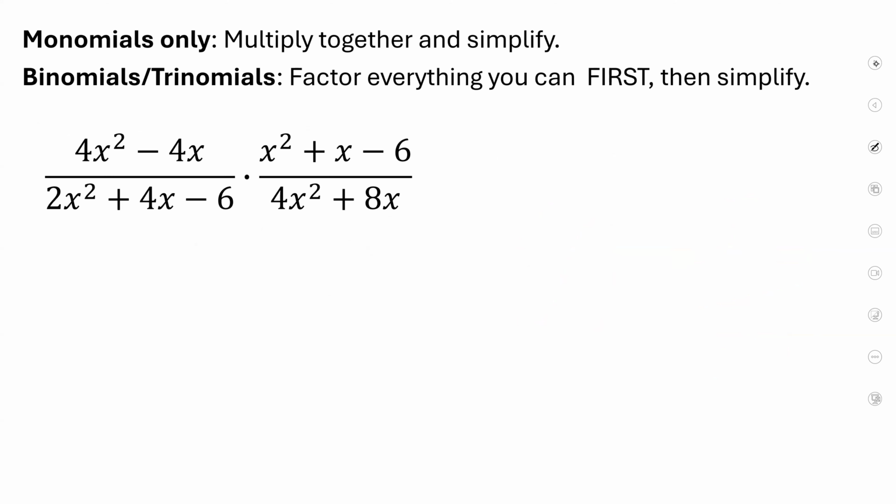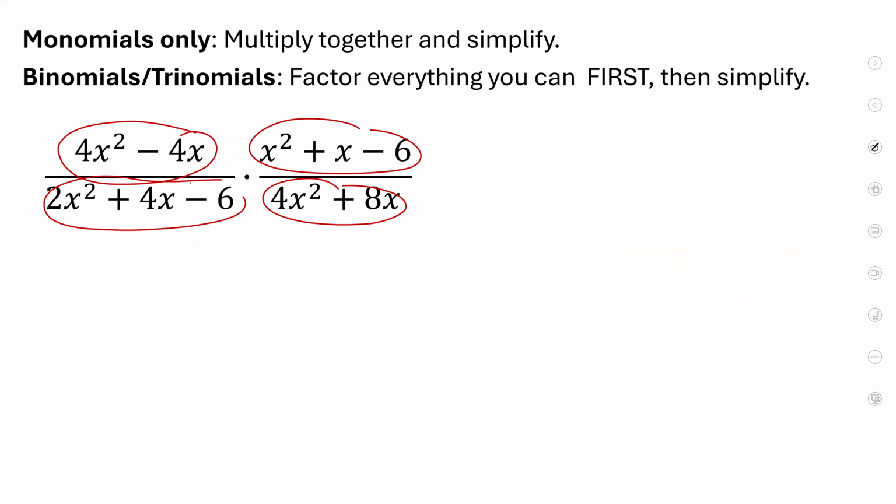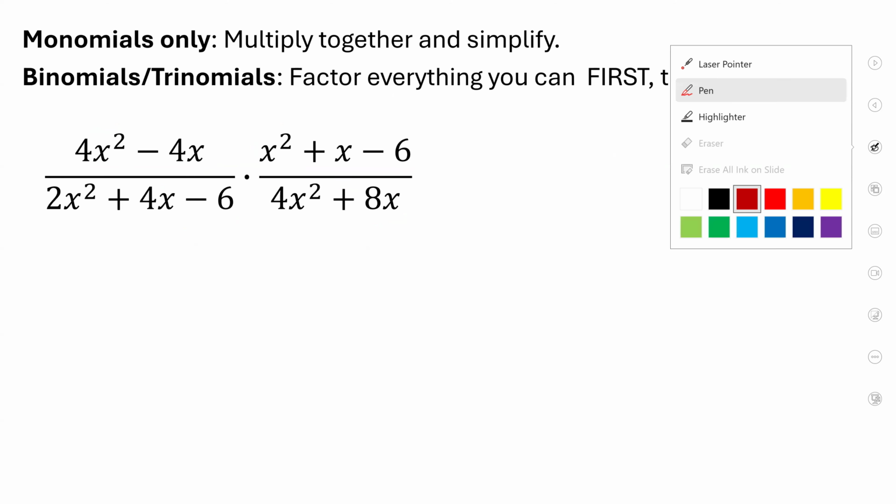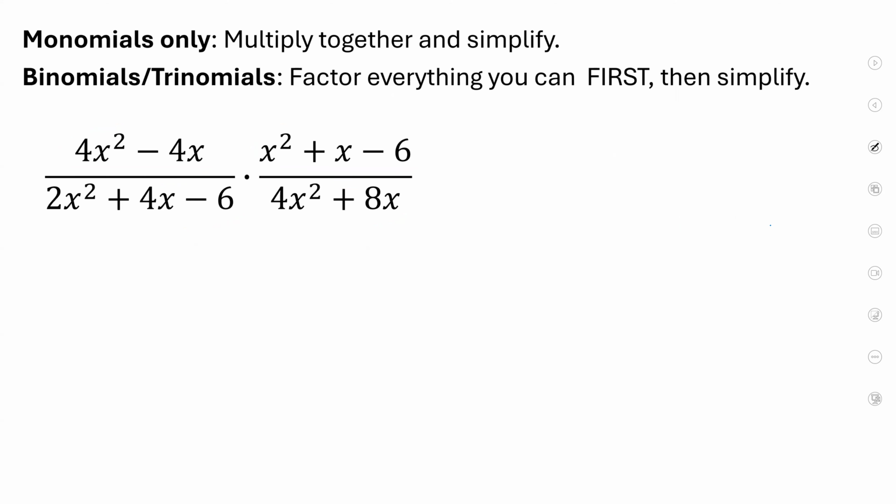binomials and trinomials. So this time we have some binomials like this one. These are binomials. And then we have trinomials. So it just says factor everything you can first. So let's try it. So this top one up here on the left, what can these both be divided by? Good, 4x.